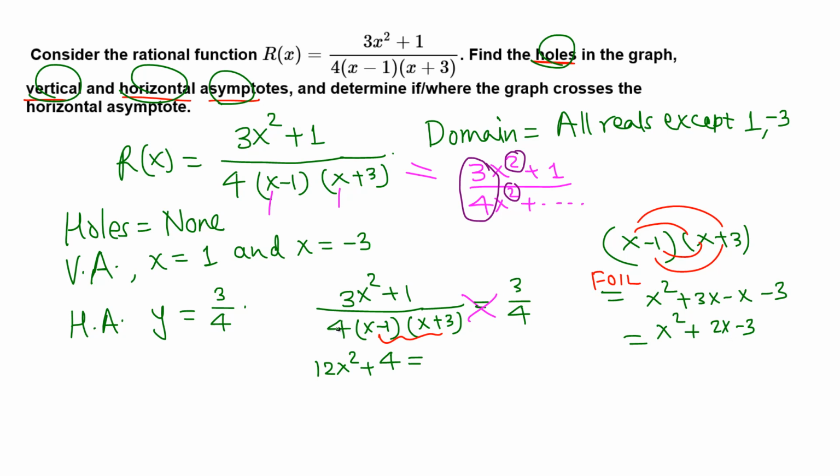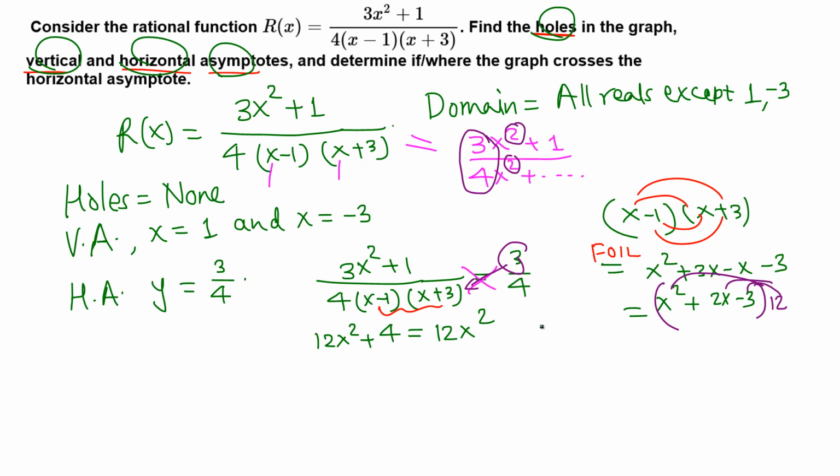Then we need to distribute 12, since 3 times 4 is 12. Multiply means distribute. So that is 12x squared plus 24x minus 36.